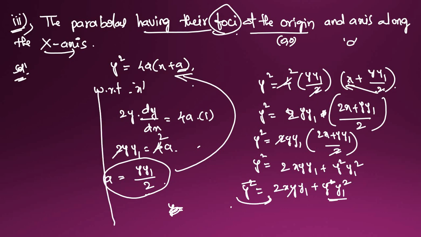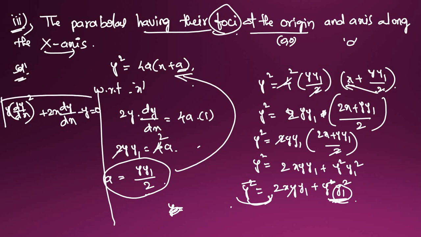It will become y1 whole square, I will write it as dy by dx whole square, plus this is 2 y1 2x dy by dx. This y goes inside, so it will become minus y is equal to 0. So this is the answer here, third question.